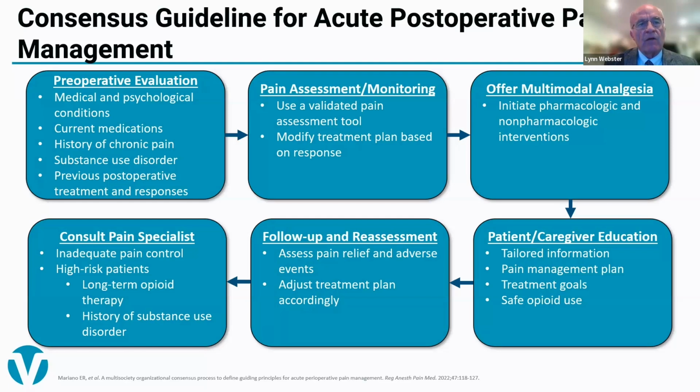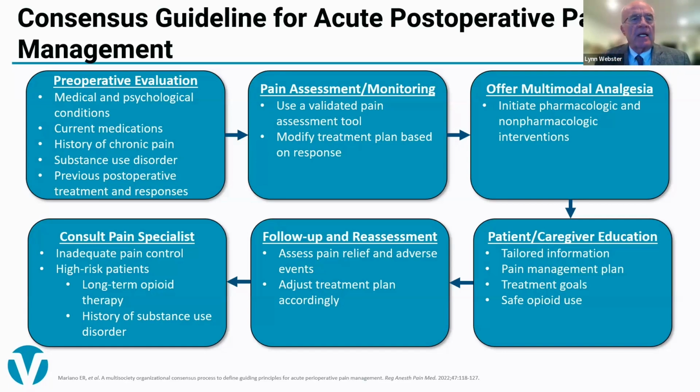proposed to follow for the use of acute pain, and this breaks them down into 6 major categories. In the preoperative evaluation, pain assessment and monitoring, and suggesting that there be a multimodal approach to analgesics, and whether or not a consult in pain, a pain specialist should be used, and then reevaluations and reassessment, and whether or not there is a caregiver and what that education is.